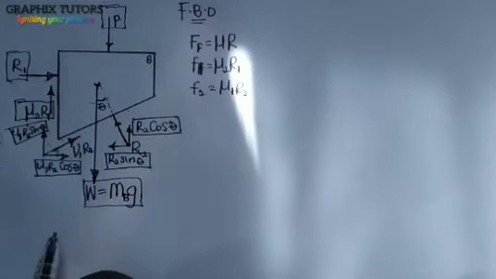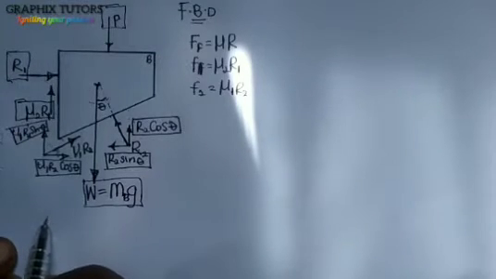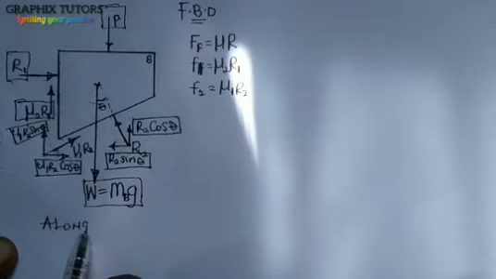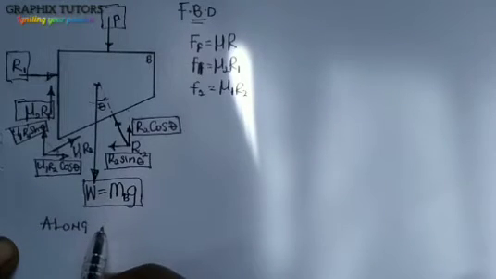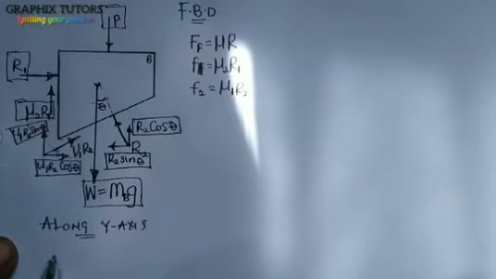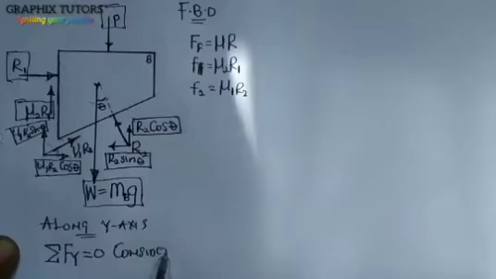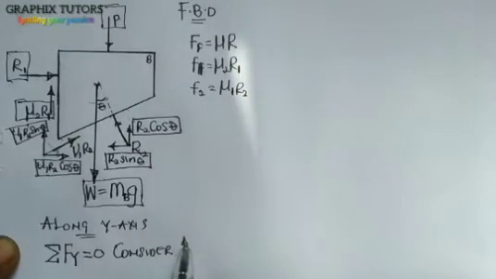So along the y-axis, or along the vertical axis, any of them you want to choose, we say that the summation of all the forces along the y-axis is equal to 0, where we want to consider the upward force to be positive and the downward force to be what?